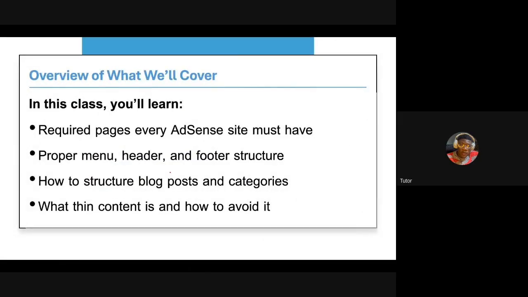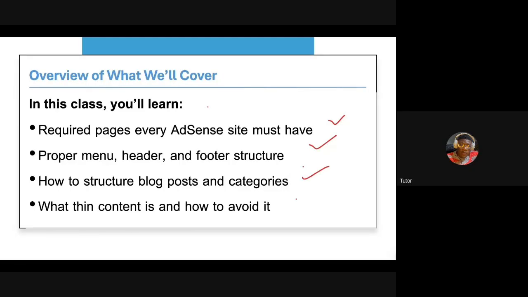Now, overview of what we will cover. In this class, we will learn the required pages every AdSense site must have, proper menu, header, and footer structure, how to structure blog posts and categories, and lastly, what thin content means and how to avoid it.